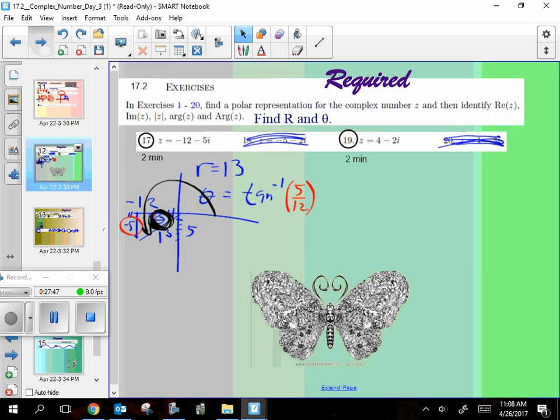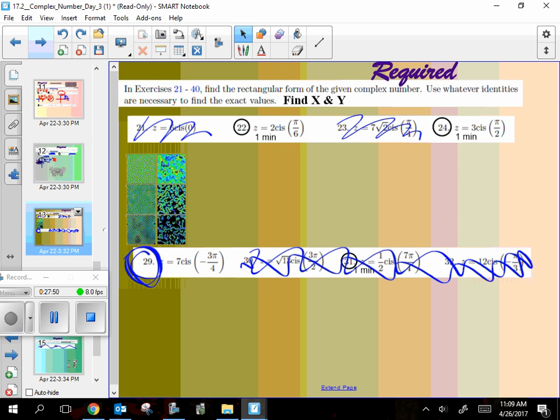Okay, let's move on. And then there's this CIS kind. So, what is 2 CIS pi over 6? Once again, draw a picture. Radius is 2. I'm going out 2, and I should do it at an angle of pi over 6. Here's my pi over 6 angle, and I'm going out 2. There it is. There's my picture. Does that answer all my questions?